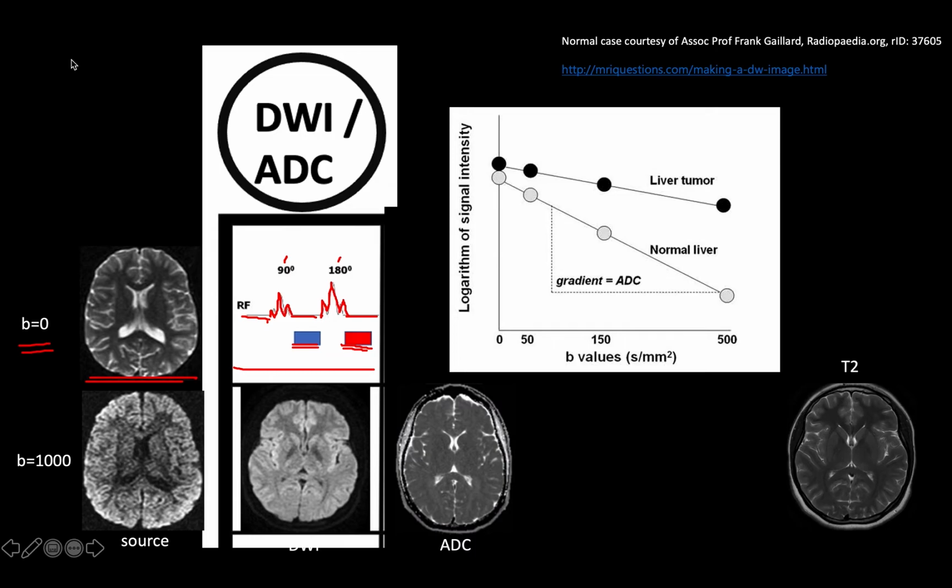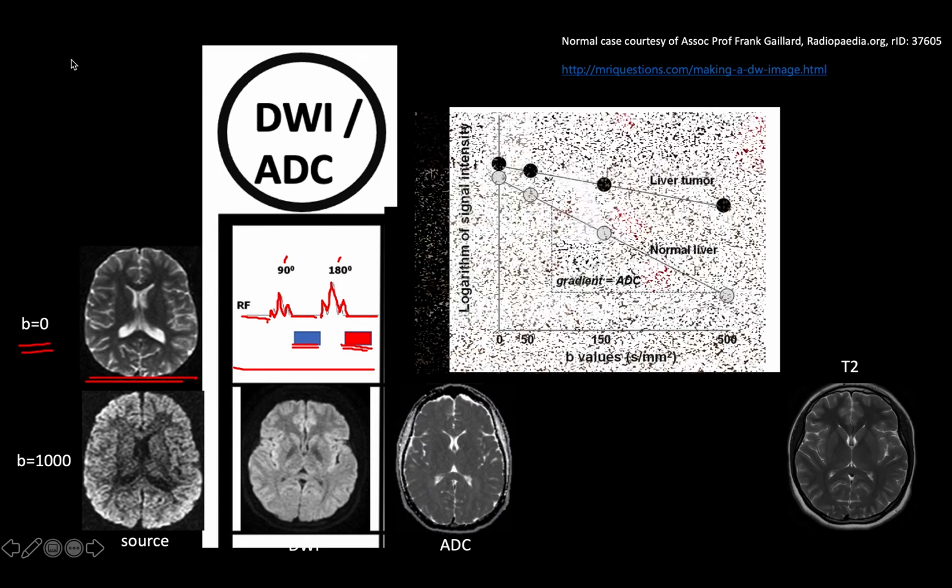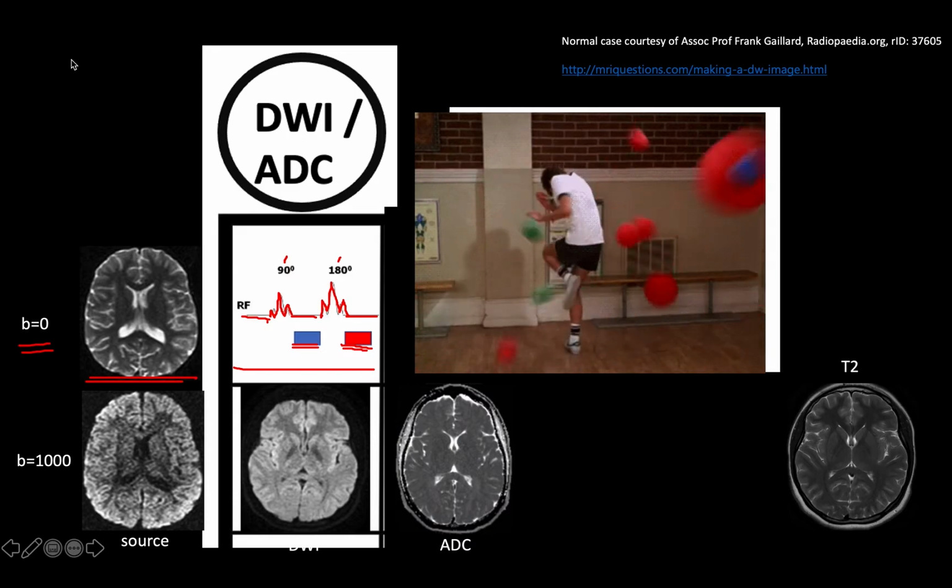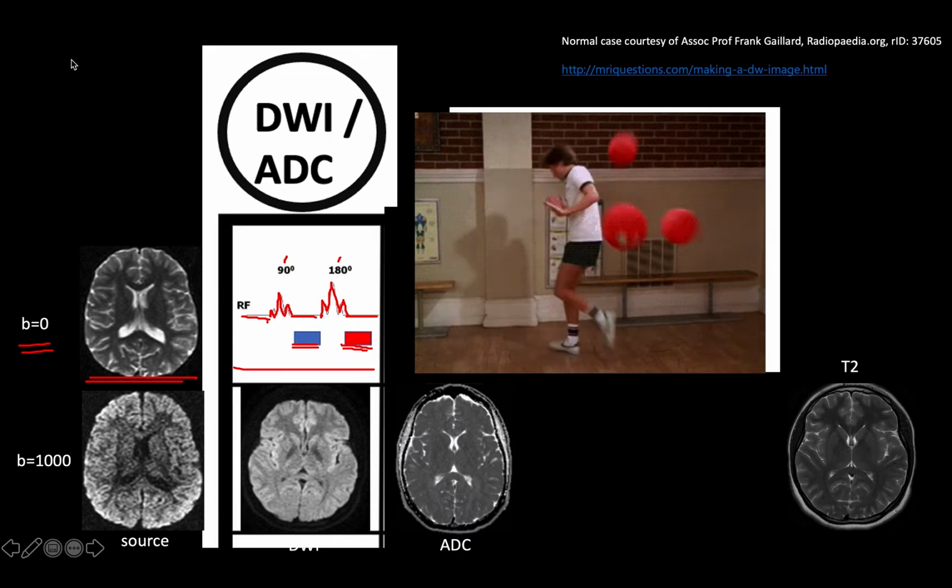Another way to think about it is that these gradients are in the form of dodgeballs. These blue balls are going to hit the proton once, and if this proton doesn't move a lot, if it's stationary, confined, or restricted, it's going to get hit again by the red dodgeball.